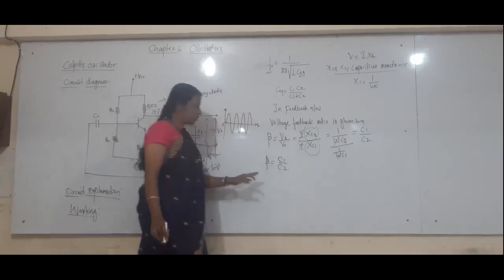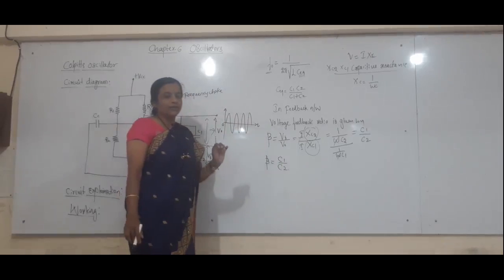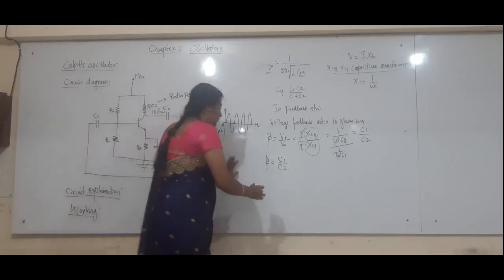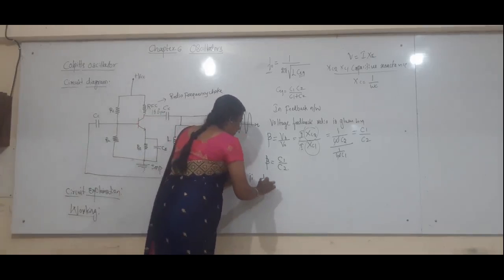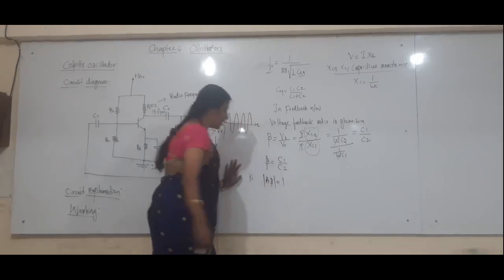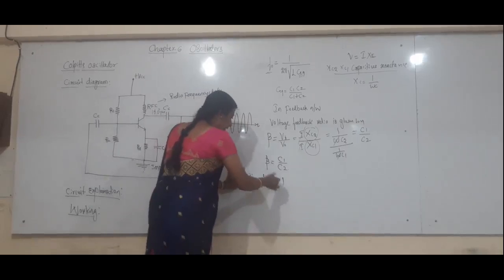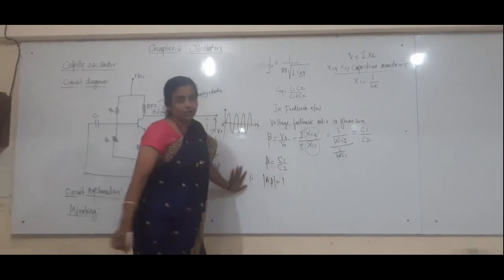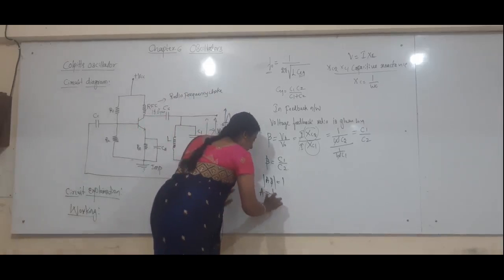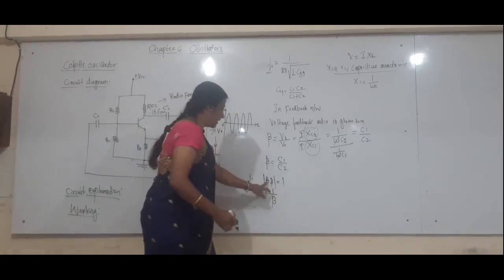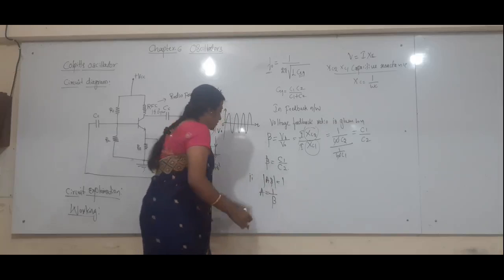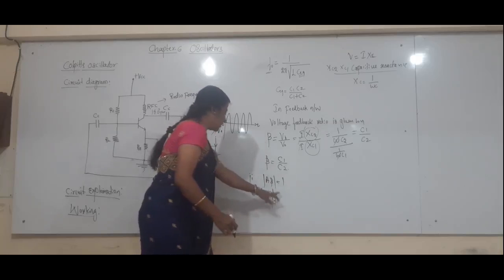By proper selection of these capacitor values, we can make the second condition of the Barkhausen criteria satisfied. The second criterion is that the product of the open loop gain and the feedback factor should be equal to 1. Applying this condition, to calculate the proper value of the open loop gain, A is equal to 1 divided by beta. We cross multiply, so A is 1 divided by beta.